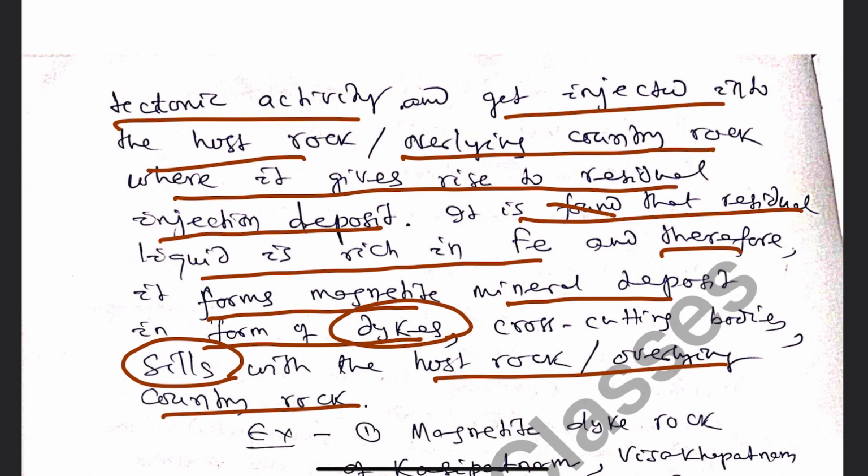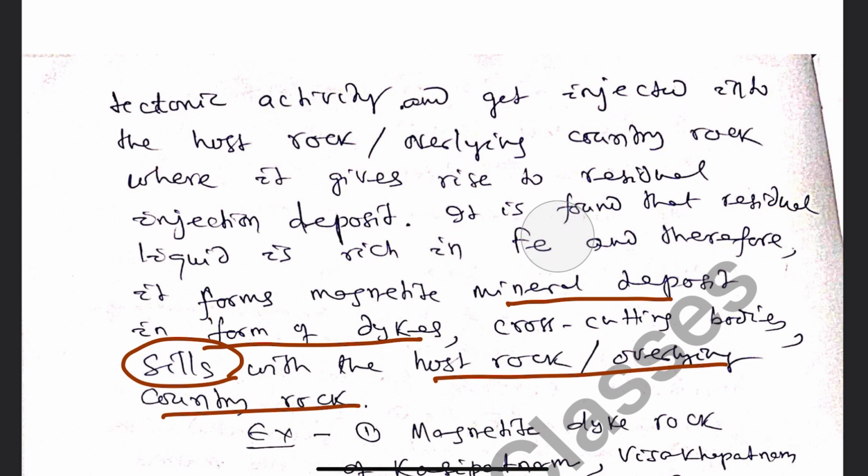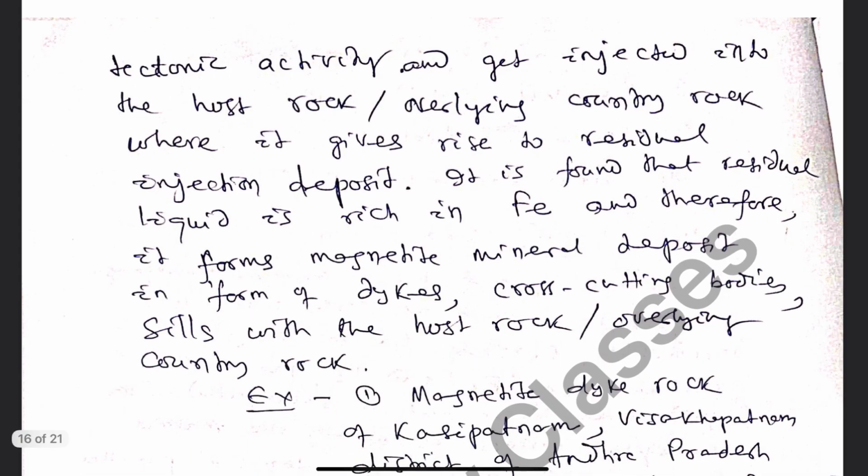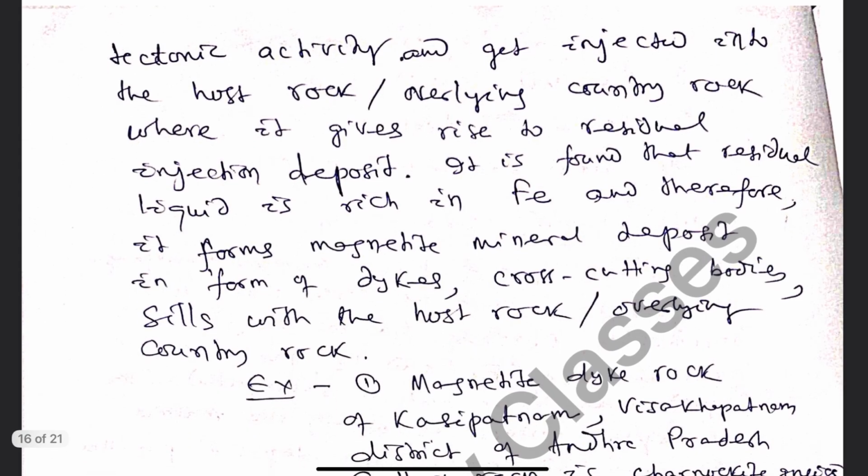So here injection of the residual mineral deposits takes place either into the country rock or into the host igneous rock. As the stage involves late magmatic stage, most of the silicates have been produced. So within these silicates, within the interstices, the early magmatic minerals which have been produced are found to be squeezed.